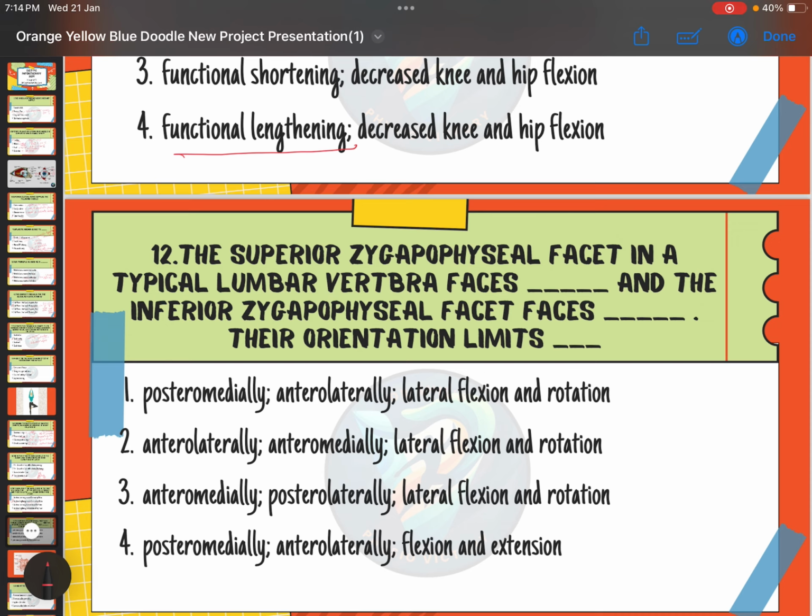Here the correct answer is option 3. Superior zygapophysial joint faces anteromedially, inferior zygapophysial joint faces posterolaterally, and their orientation limits lateral flexion and rotation.